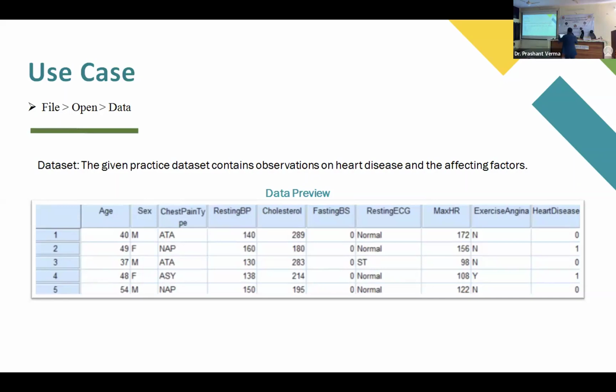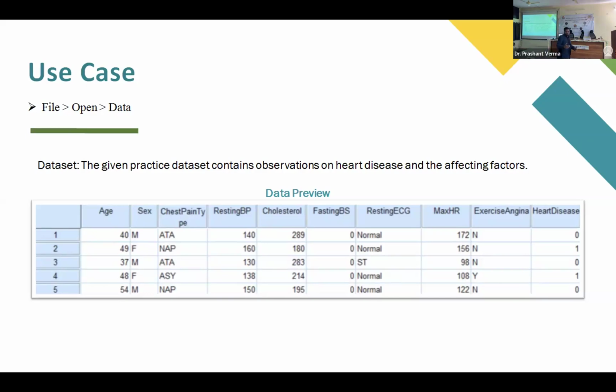So this is the data overview. We have age, sex, chest pain type, resting blood pressure, cholesterol level, fasting blood sugar, resting ECG, maximum heart rate, exercise angina, heart disease. Exercise angina, everyone knows.